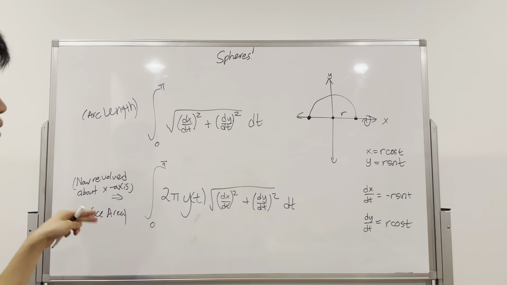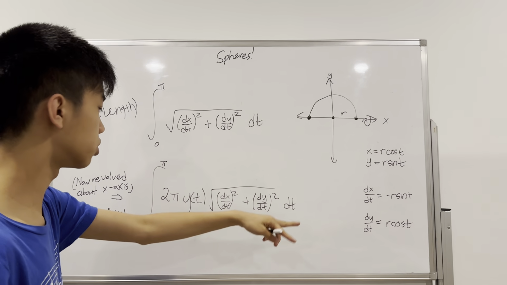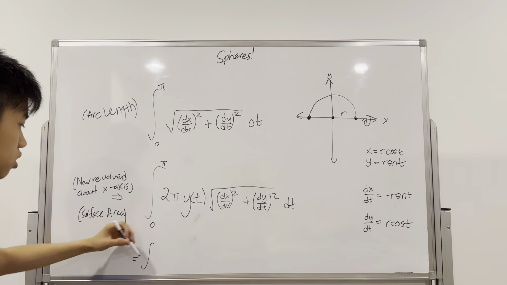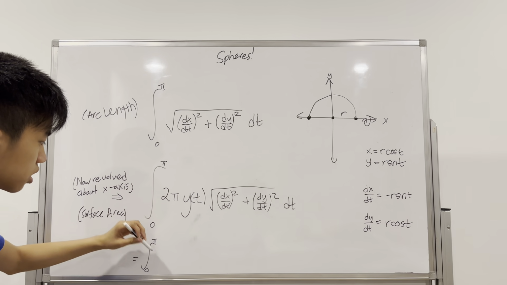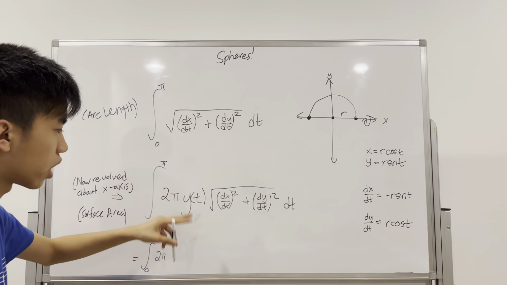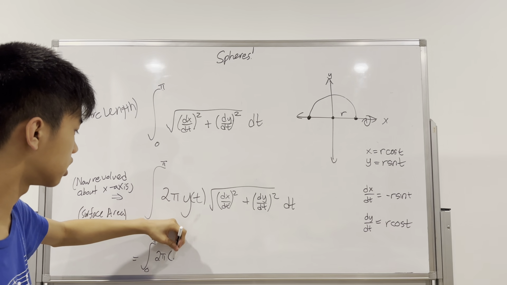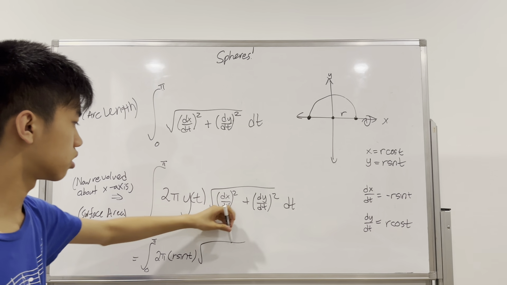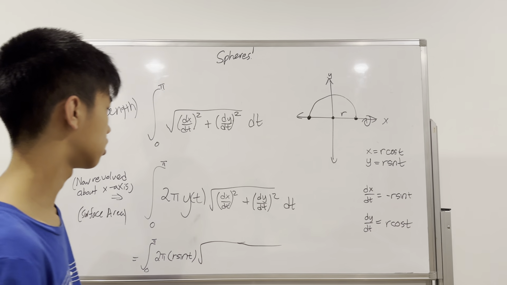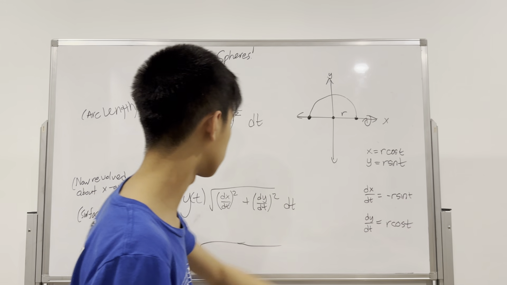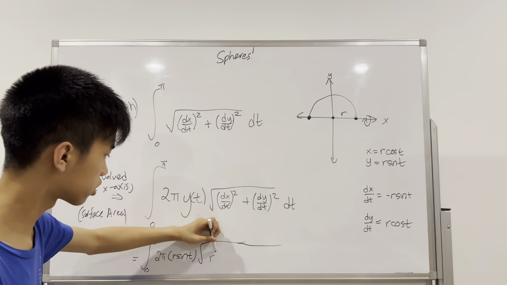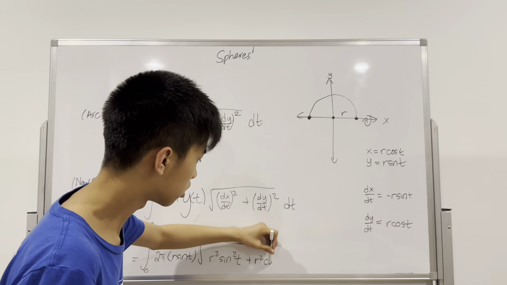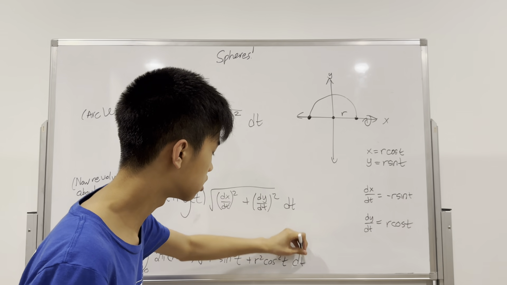So we can substitute this into our formula. We get the integral from 0 to pi of 2 pi times y of t. y of t is just r sine t, times the square root of this squared plus this squared, so it's r squared sine squared t plus r squared cosine squared t, dt.